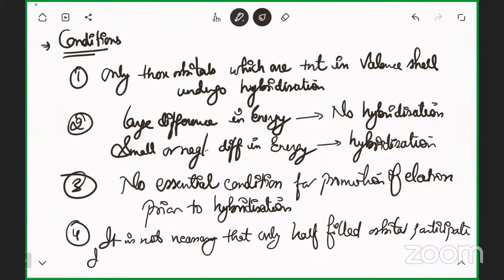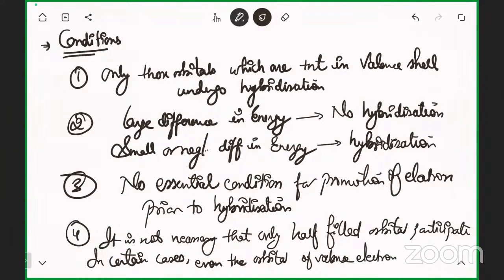In certain cases, even the filled orbitals of the valence shell undergo hybridization. Generally, half-filled orbitals take part in hybridization, but sometimes the electrons present in the valence shell orbitals can easily undergo hybridization.